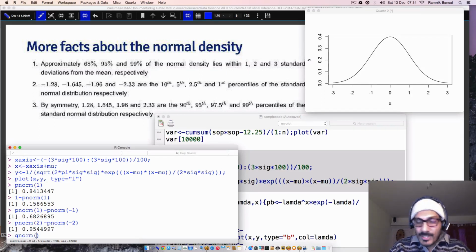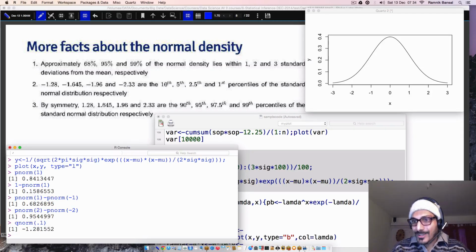So I say 10%, that is nothing but 0.1, and then my mean is equal to 0, standard deviation is 1, and lower tail is true. So what do I get? I get this. The 10 percentile is 0.1, so qnorm is the function that takes care of it straight away. I get minus 1.28.